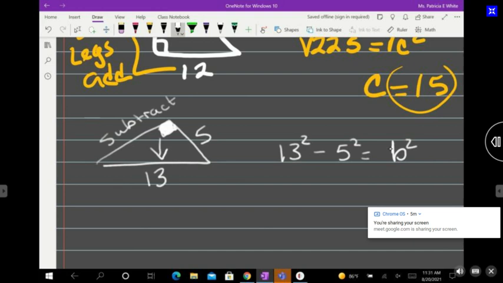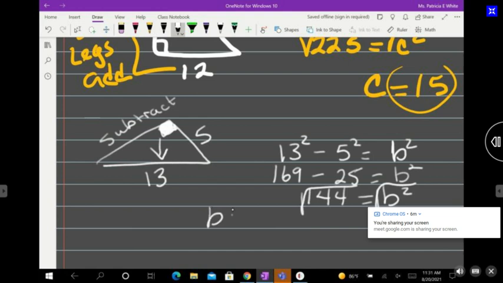Okay, 169 minus 25 equals 144. Square root. Again, no matter what I'm doing, my last step, take that square root. What can I multiply by itself? 12.